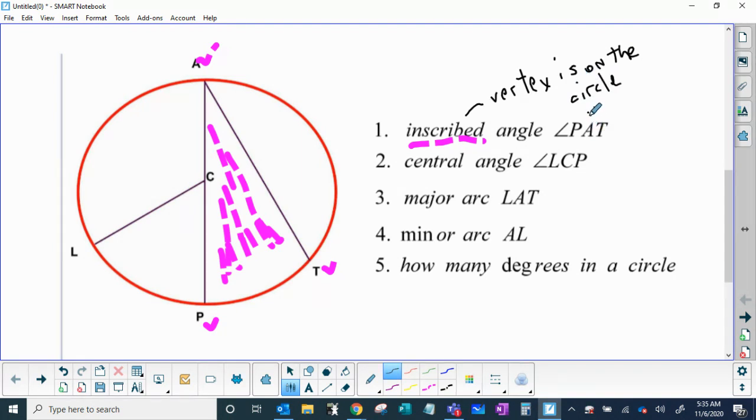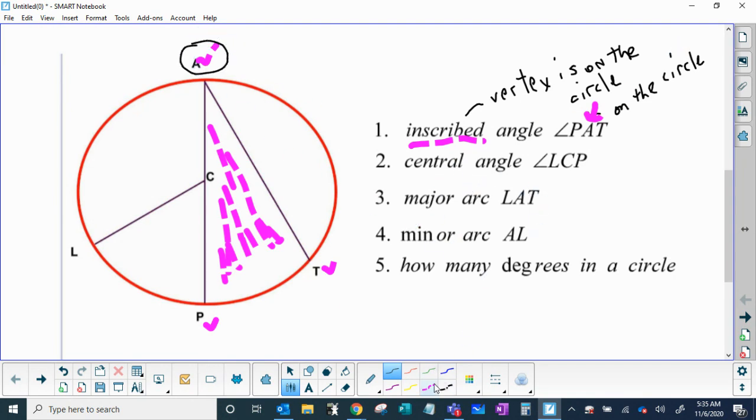So the vertex A is on the circle. Cool, and it is. A is on the circle.